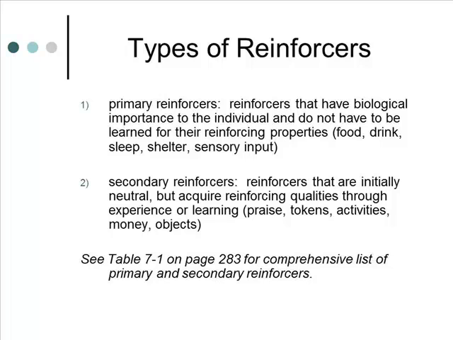There's a very nice table on page 283. It's labeled as Table 7.1 in your Alberto and Troutman book that has a comprehensive list of primary and secondary reinforcers. The authors caution that this is not a continuum, with primary reinforcers being sort of low-level, bad kinds of reinforcers to use, and secondary reinforcers being better. That's not the case. They do maintain that choosing reinforcers must be based on the student's age, target behavior, and the setting.